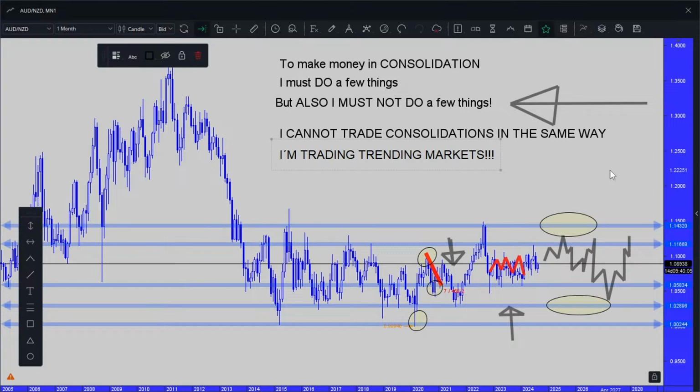Or I won one and I lost two. Or I won two and I lost three. When everything is said and done, how many of you lost trading AUD NZD? How many of you lost trading Euro GBP? How many of you lost? I'm not judging you. This is knowledge. Make sense? And don't be shy, everybody. I'm the first one to admit, me, the boss. I lost trading AUD NZD back in time until we learn.